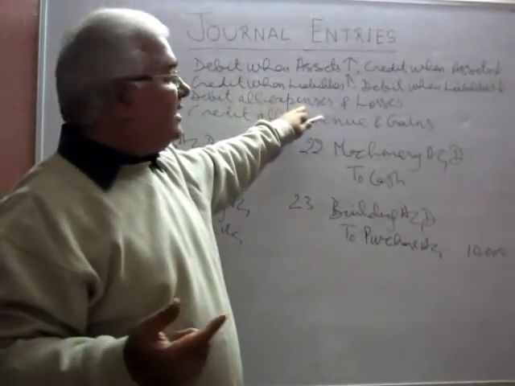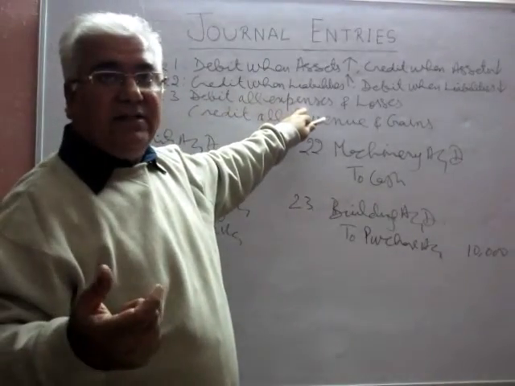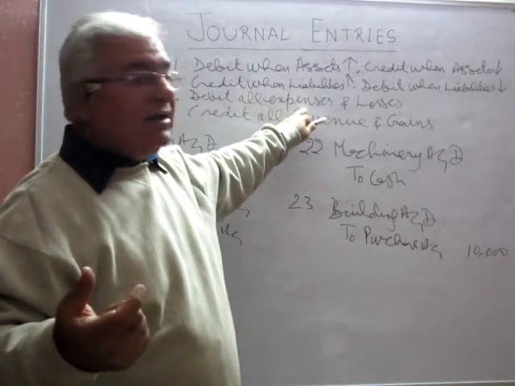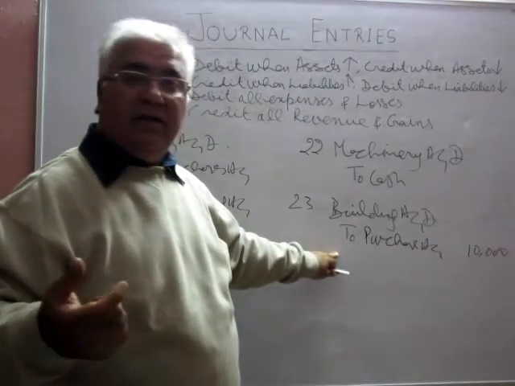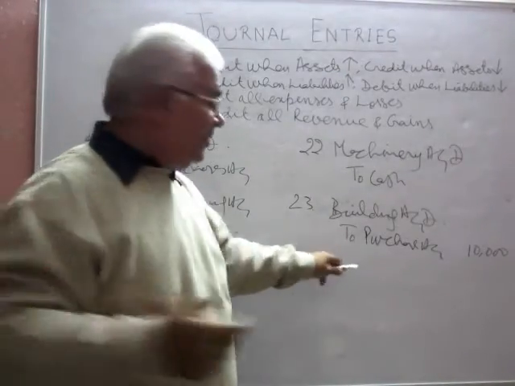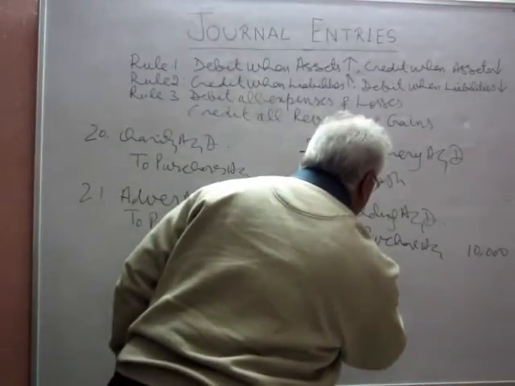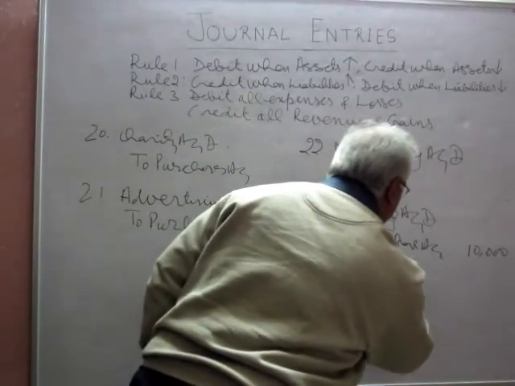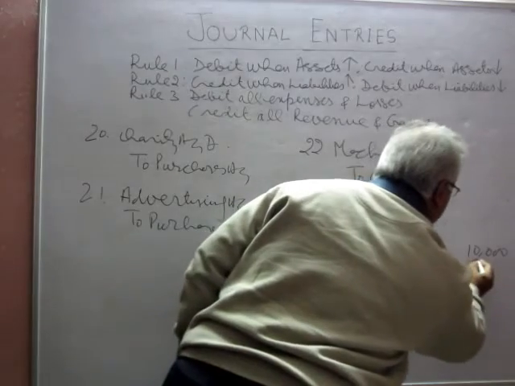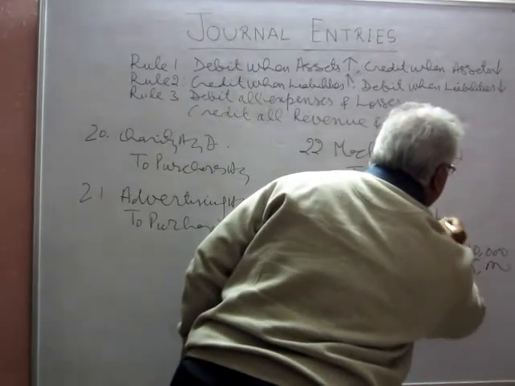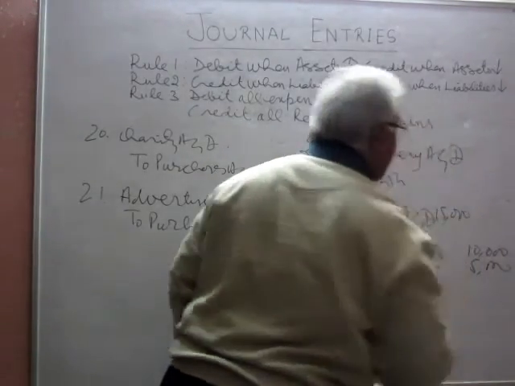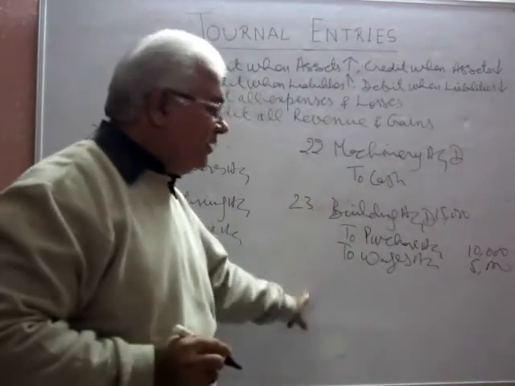Debit all expenses when they are incurred, and when they decrease, they are credited. Hence, in this case again, wages account will be credited. So 15,000 will be debited to building account. Again, it is a compound entry.